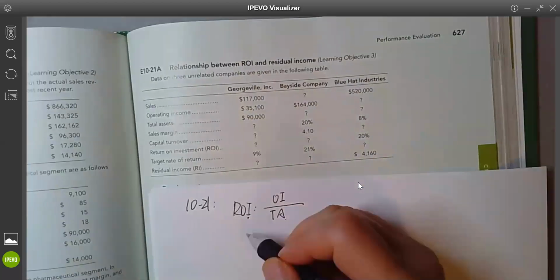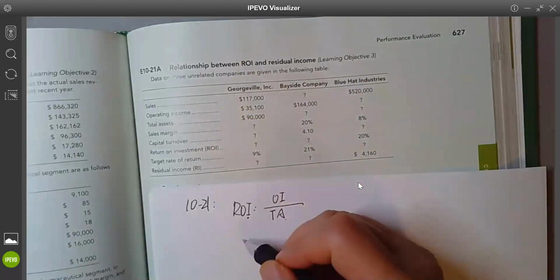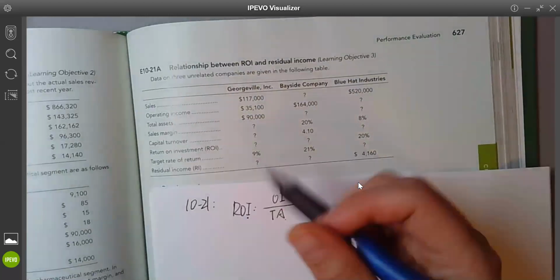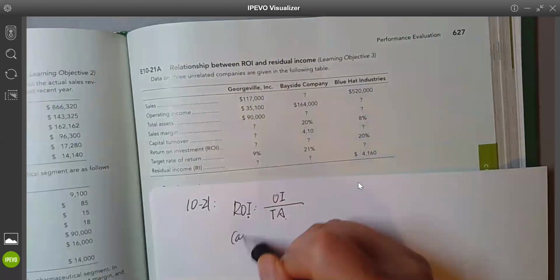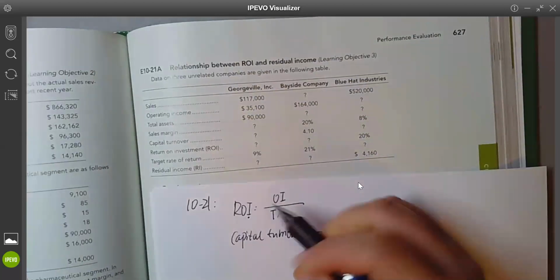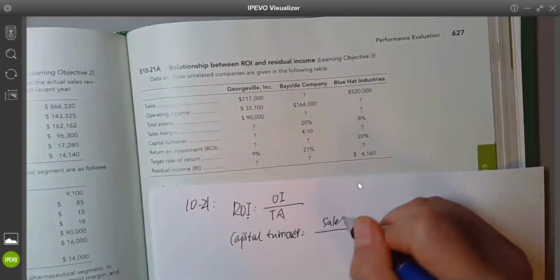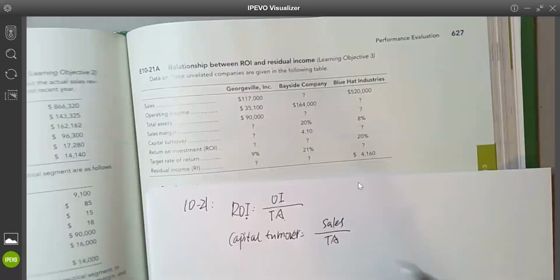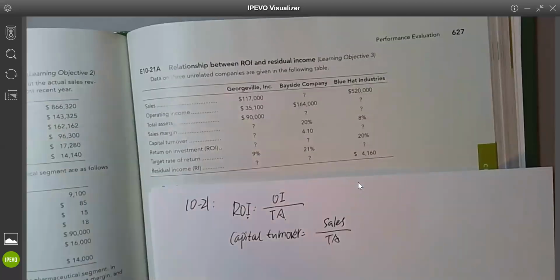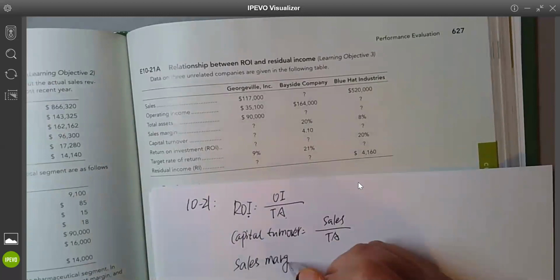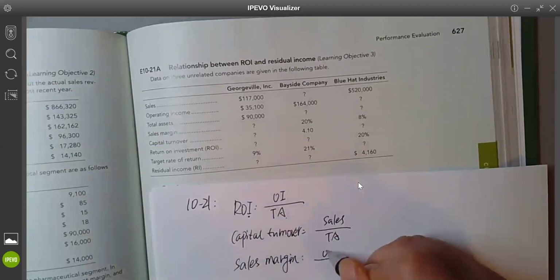And then we have capital turnover. Capital turnover is how quickly your capital turns, so that's basically your sales divided by total assets. Let me double check. And then you also have the sales margin, which is operating income divided by sales.